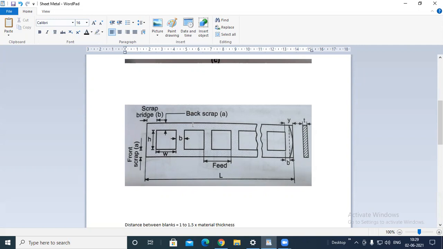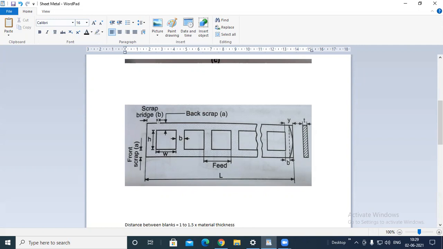Now we will see the scrap bridge. This scrap bridge is nothing but the distance between the edge of the sheet or strip and the blank.